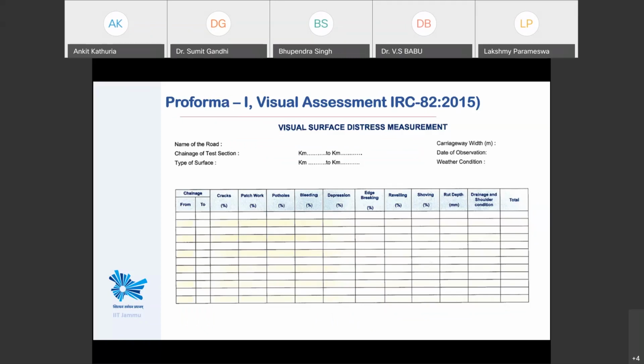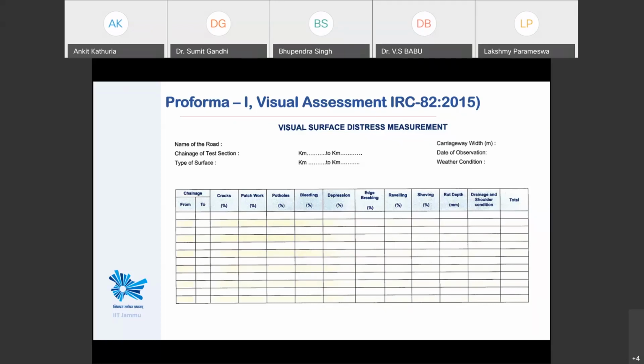In this table, the first column tells you about the chainage. The second, you have to give information about the pavement distress in the form of cracks, and this value goes in percentage. This percentage value is based on your visual observation of that particular per kilometer section. Then the next column is about patchwork, potholes, and similarly the other distress types observed in a bituminous surface.